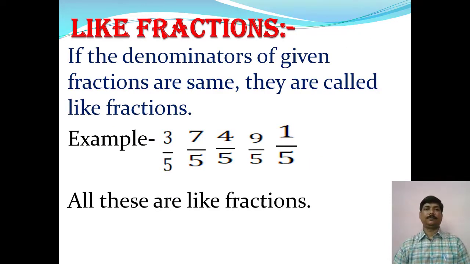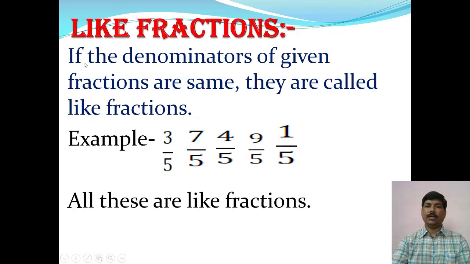Like fractions. If two or more fractions are given, then how can we find that the fractions are like fractions? If the denominators of the given fractions are the same, they are called like fractions.